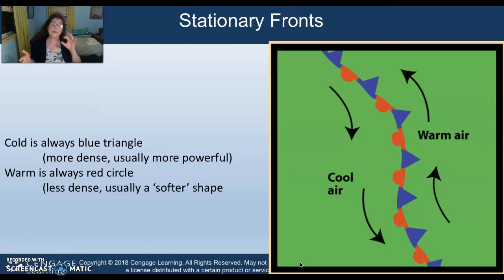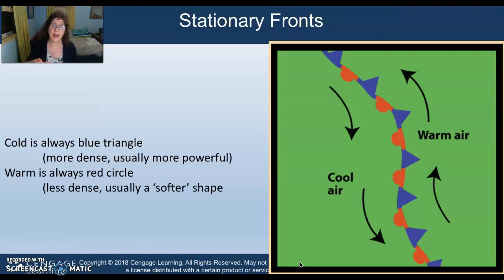In this case, the way they're noted on maps is the cool side has a direction that it would like to go in, and that's noted by the tip of the triangle, the blue triangle, blue, cold. And a cold air mass is more forceful and more dense than a warm air mass, so it has a spiky triangle. It's going to pierce the veil and get through.